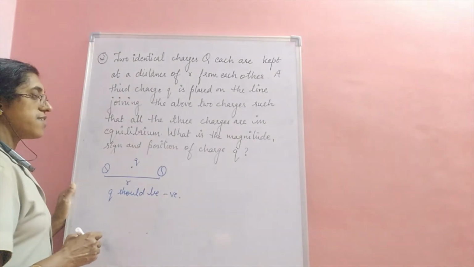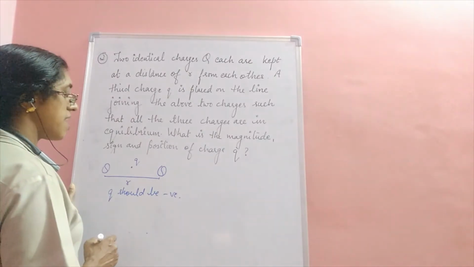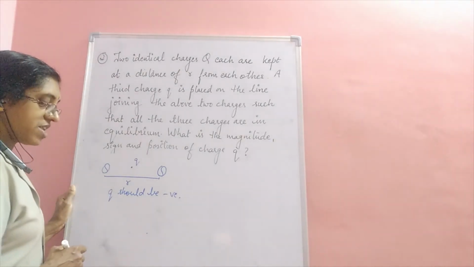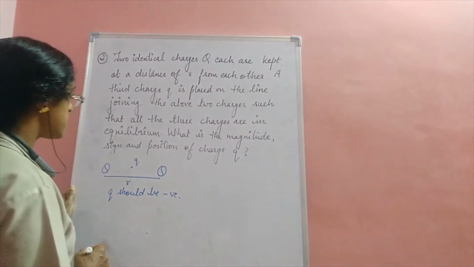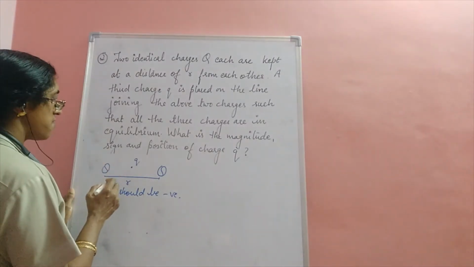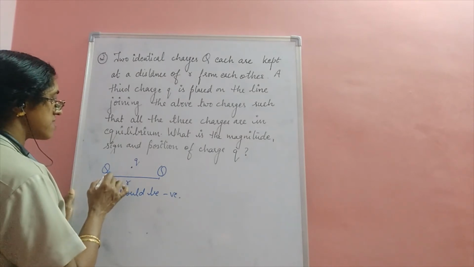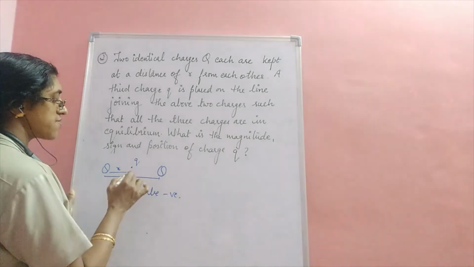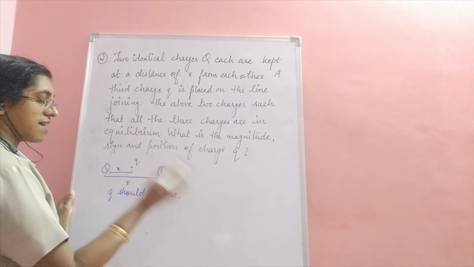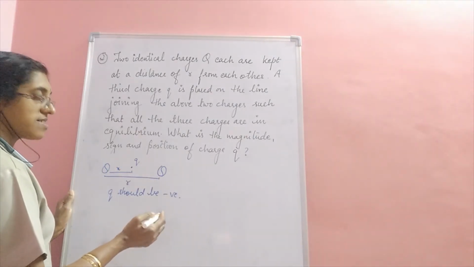Now, in order to find out the magnitude and the position of the charge, very first I'll find out the position of the charge. For that, let me suppose that the distance between these two is x. So the distance between small q and the other side would be r minus x.